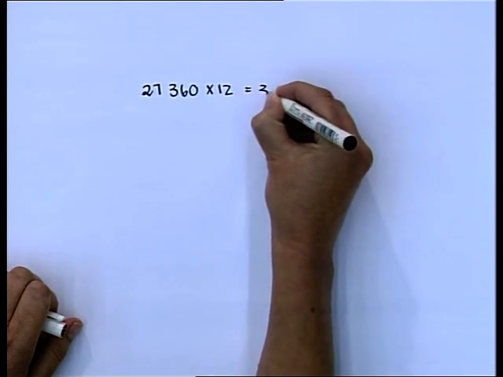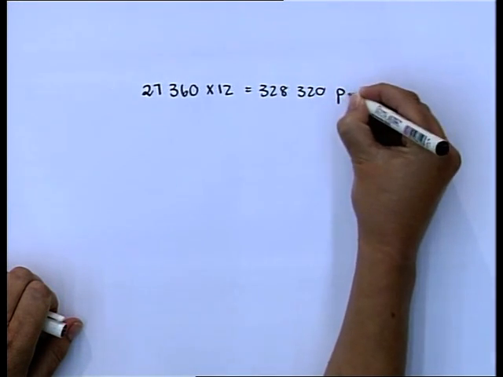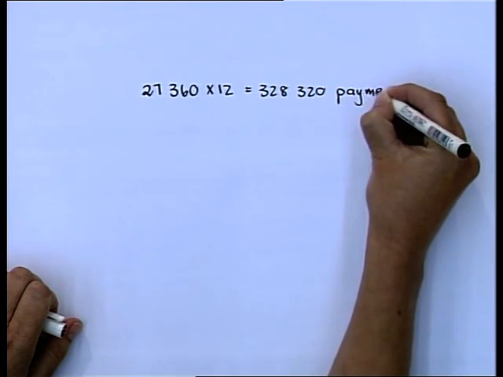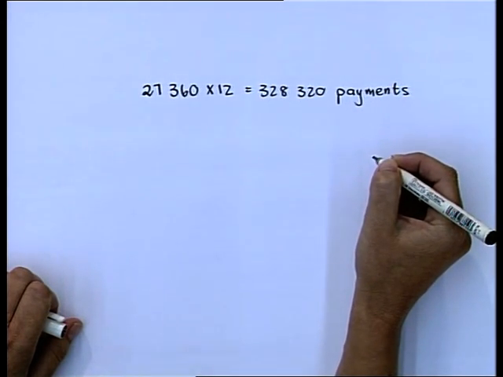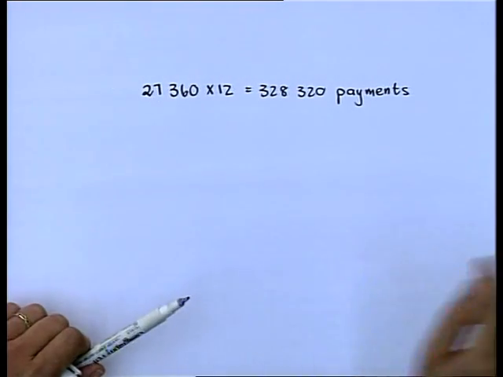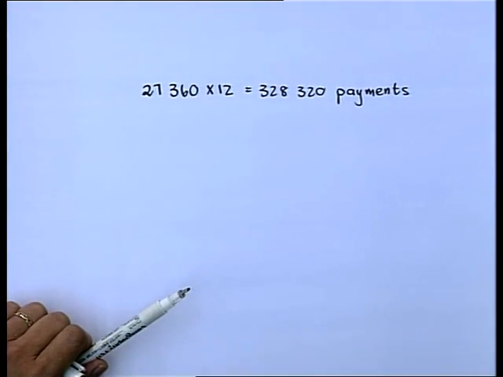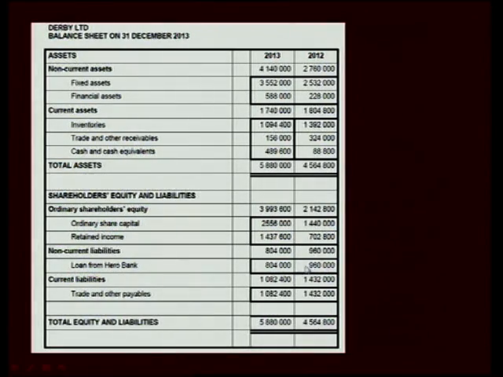So they made payments to the value of 328,320. Knowing that, if I look at my balance sheet, I will see that loans at the beginning of the year was 960,000.